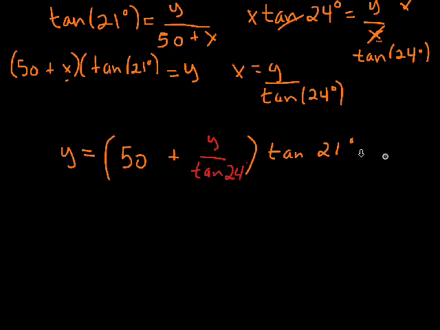The first thing we want to do is realize that this tangent can go through here. It should be 50 times tangent of 21 degrees, y times the tangent of 21 degrees, all set to y. There's a couple ways to solve this. Let's solve it that way.